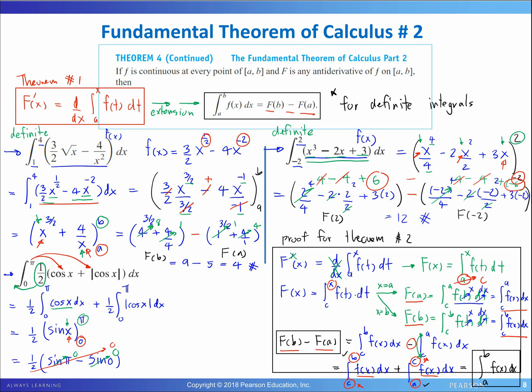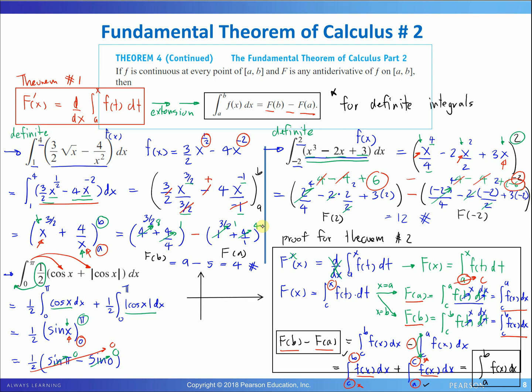Now let's take a look at the second integral. We need to integrate absolute cosine of x. The problem now is the absolute value, which we haven't worked on yet. When you see an absolute value of a function like this, the first thing you need to do is to plot the graph. So graph right here, y-axis and x-axis.